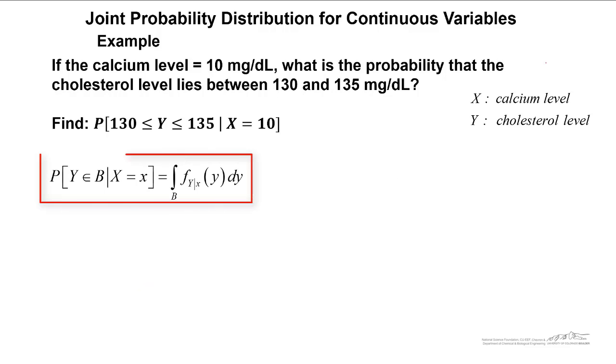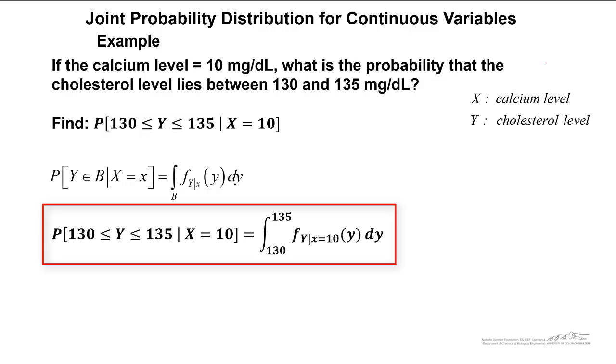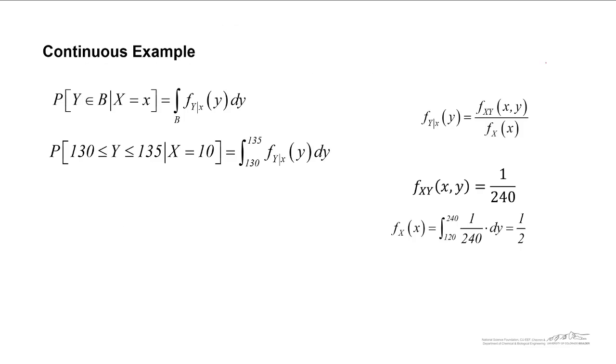Using our definition of probability, we can integrate the marginal probability density of y over all y. For this example, we're interested in the probability that y is between 130 and 135, given that x equals 10. We can take what we know about conditional probability distributions. That's the joint probability distribution divided by the marginal probability density of x.